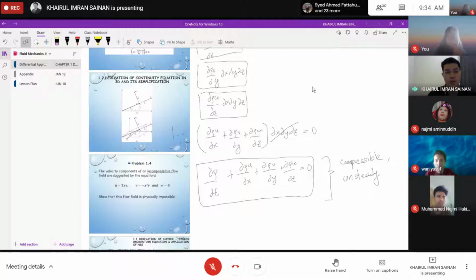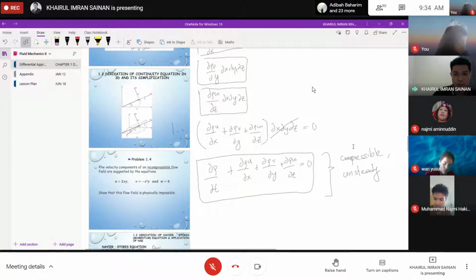Okay, if you have a problem which is compressible, let's say for chapter number 5 later, and the specification or parameters of the system are changing with time, we consider that as unsteady flow. Okay, so we want to apply this equation.